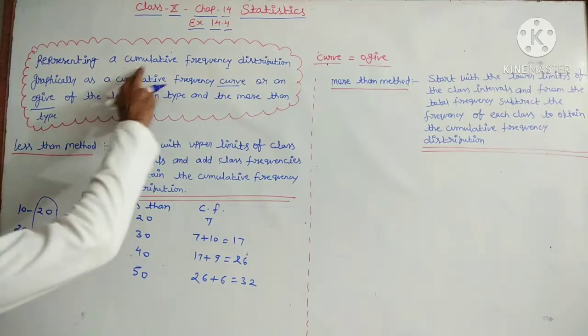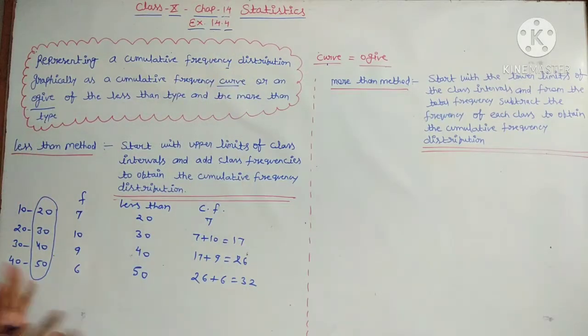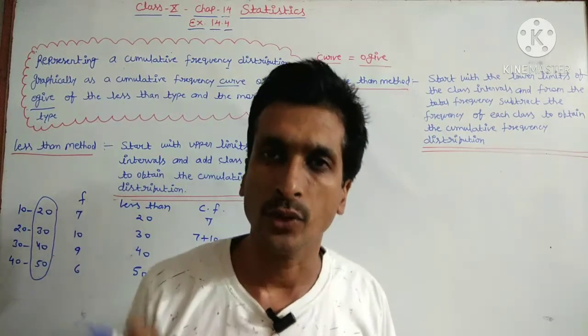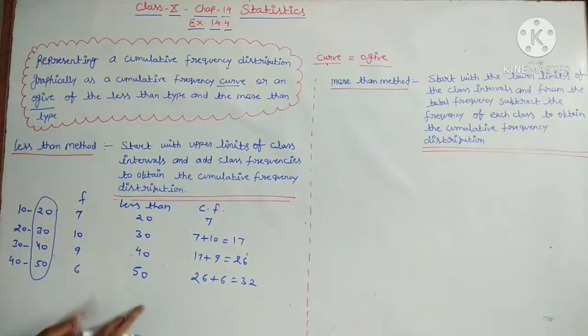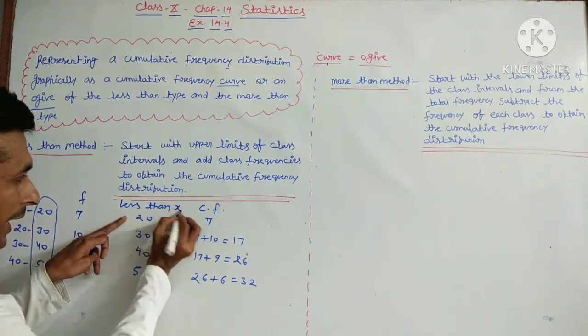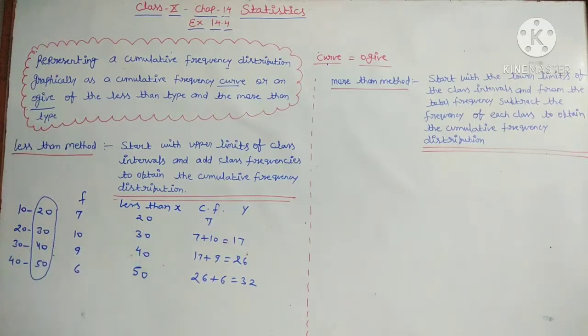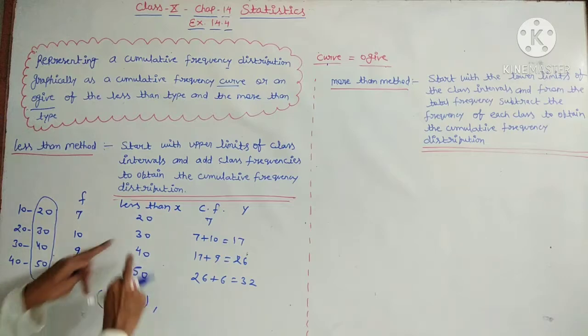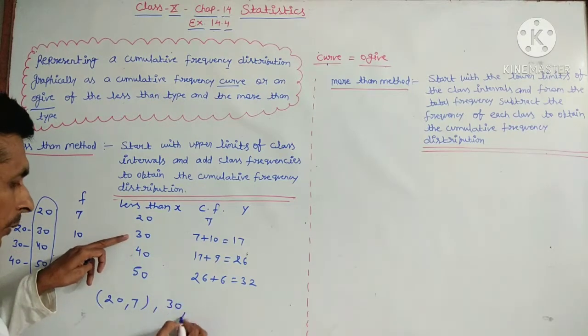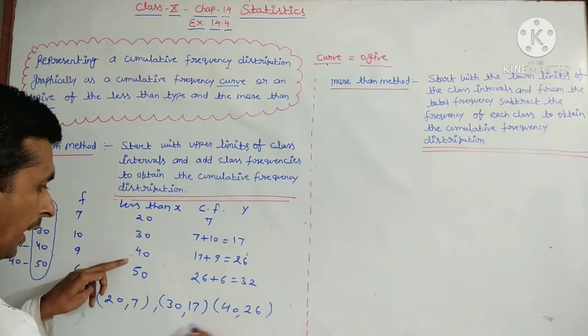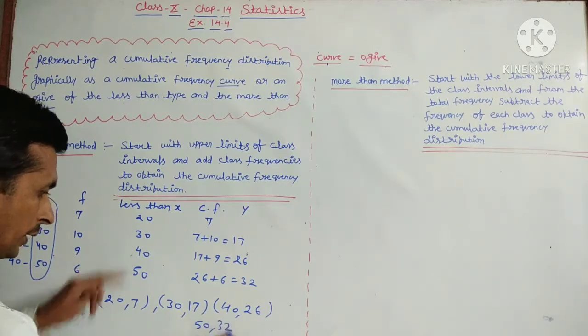You have to make the cumulative frequency distribution graph, so you will choose the coordinates. The first value represents x and the second value represents y. Here this value belongs to x and this value is y. So you have to make the coordinates: first 20, 7, the second point 30, 17, the next one 40, 26 and the last one 50, 32.